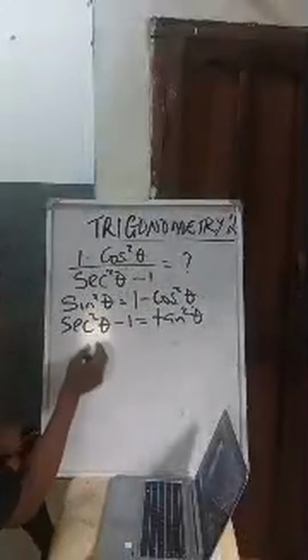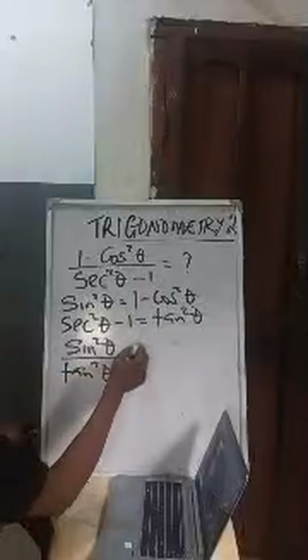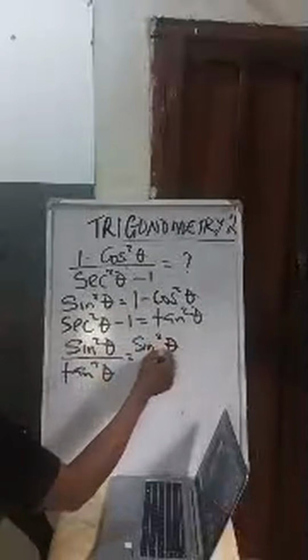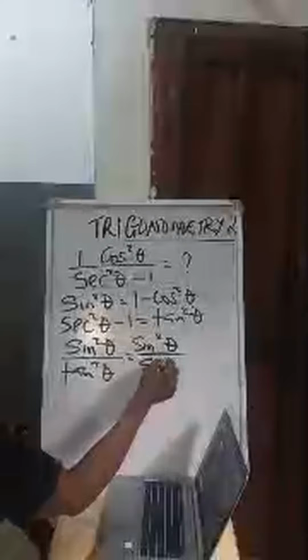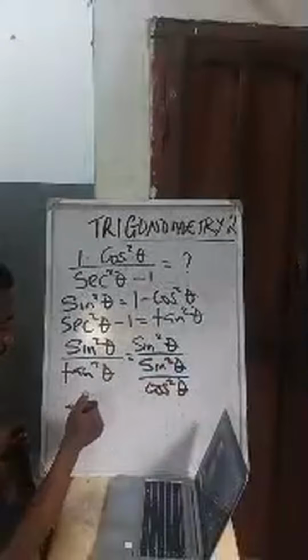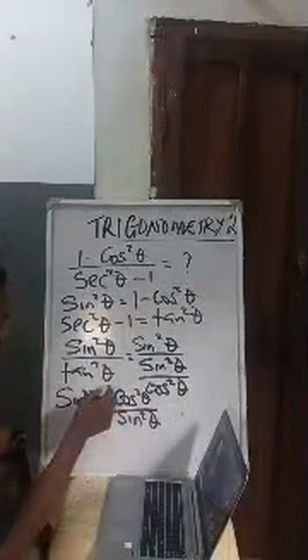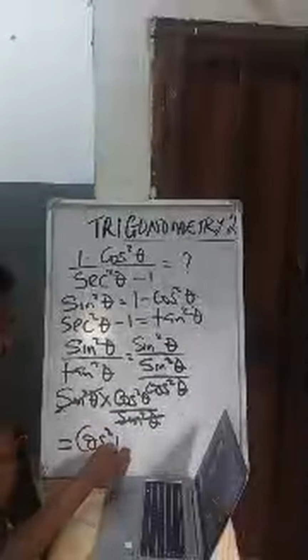So sine squared theta over tan squared theta is equal to sine squared theta over sine squared theta all over cos squared theta. So that is sine squared theta times cos squared theta all over sine squared theta. This will cancel out this. The final answer will be cos squared theta.